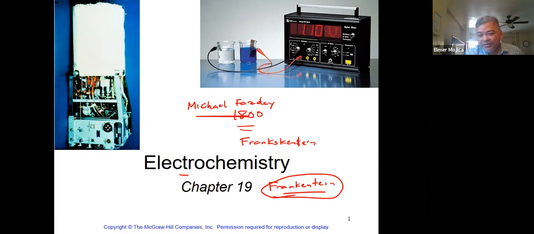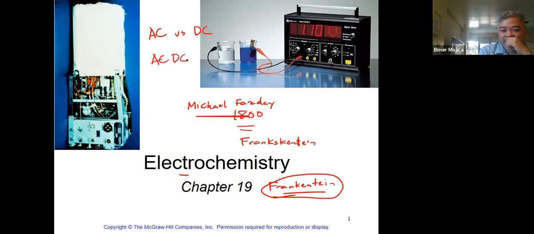What is the source of your lighting? Most likely you have what? Candles? And then you have the power wars, or the current wars, right? You have AC versus DC. Now, AC/DC is the name of a band, a metal band.